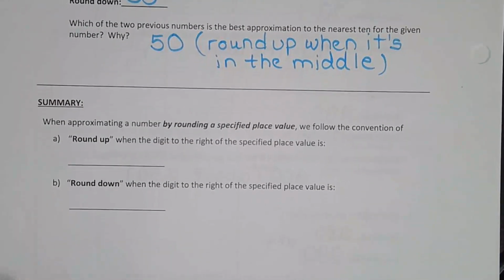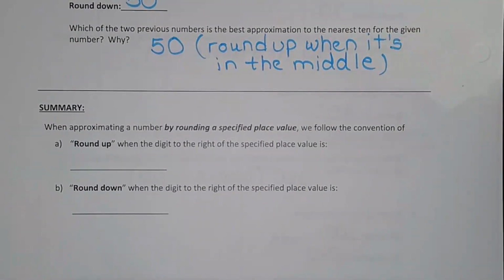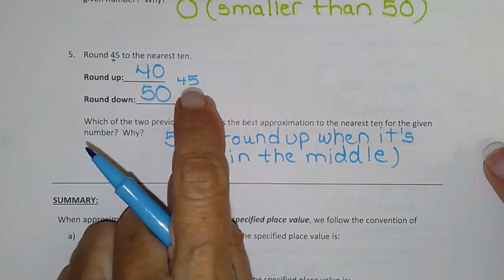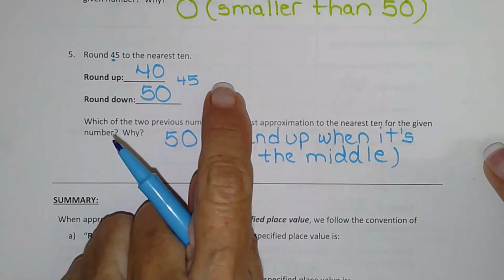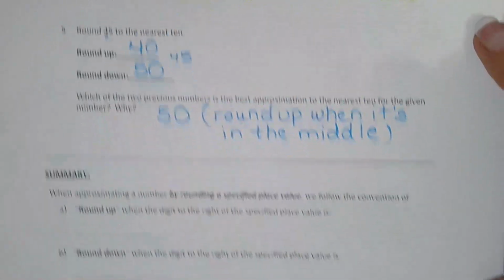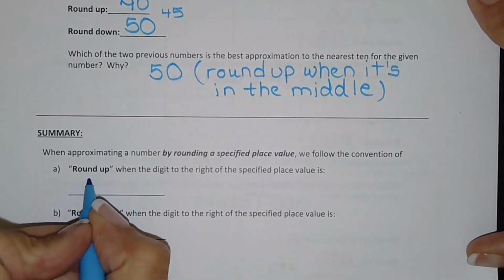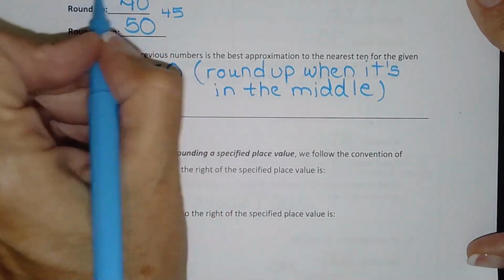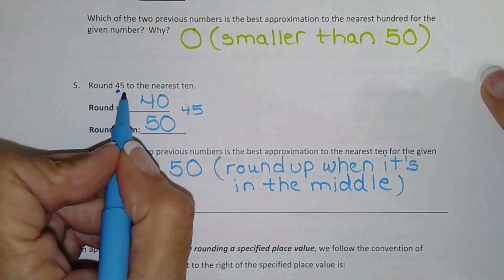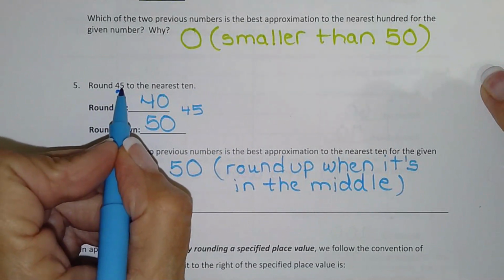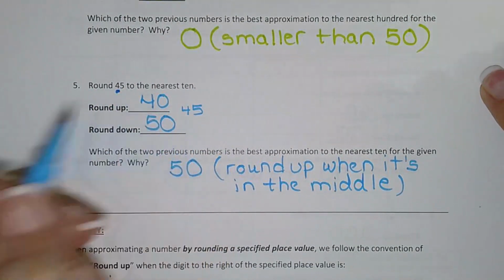Okay, so our summary: round up when the digit to the right of the specific place value is 5, 6, 7, 8, or 9. So anytime the number after the number we're rounding is 5 or larger, it goes up 1.